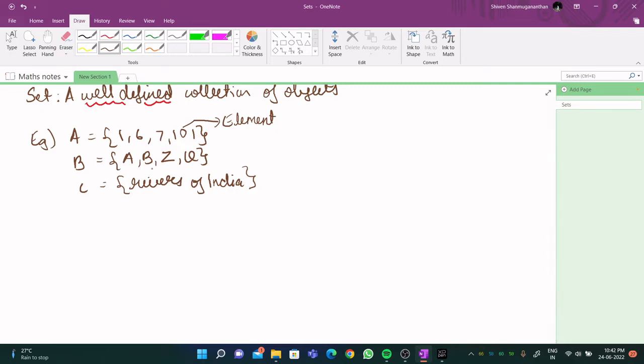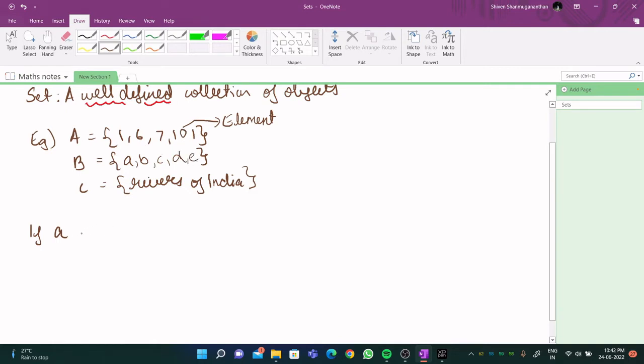Another thing is inside a set, the elements we always represent them, if they are alphabets, as small alphabets. Okay.